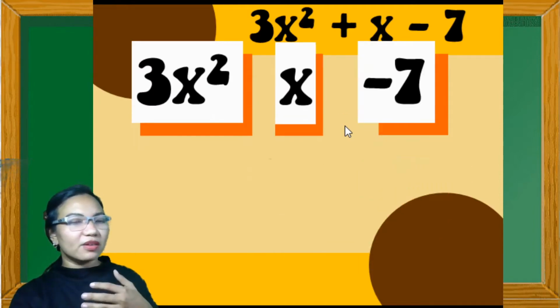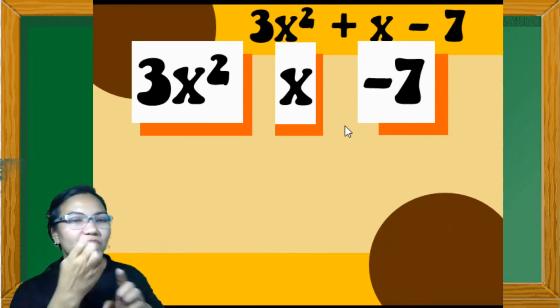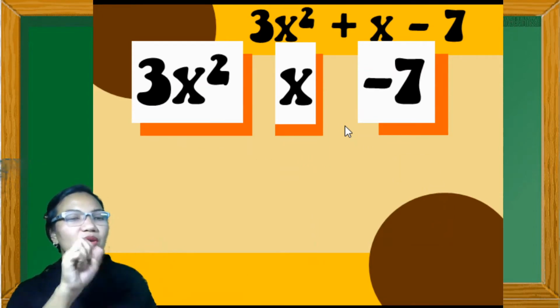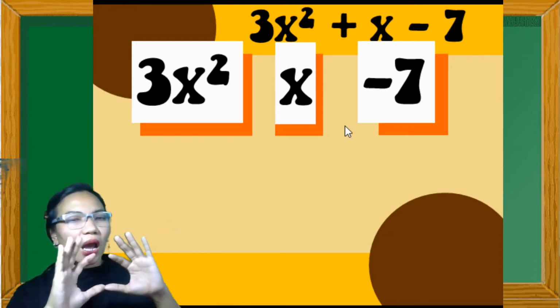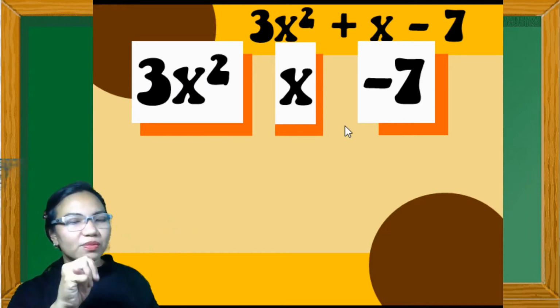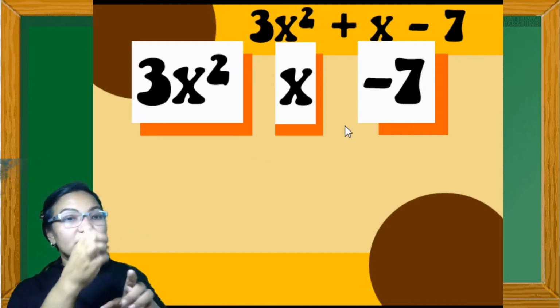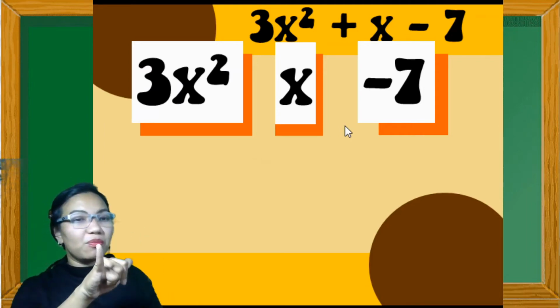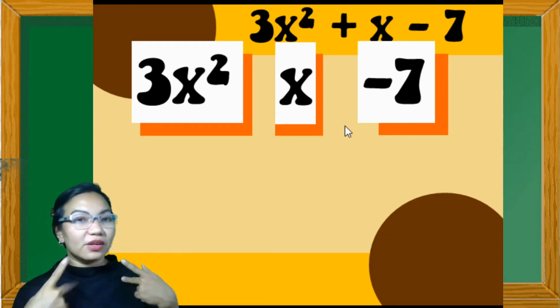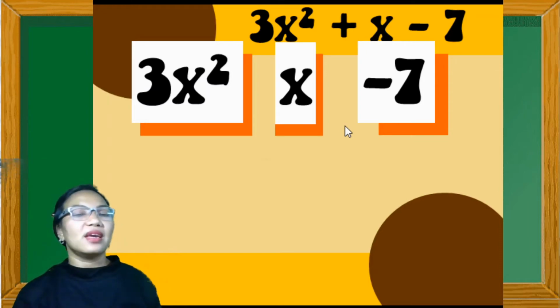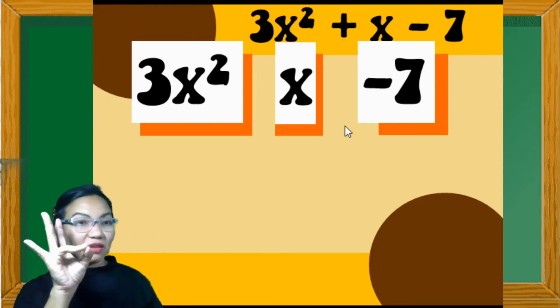So going back to our separation of each term so that you can see clearly how terms are involved in any polynomial. So you have 3x squared, you have there, as you can see, x, and you have negative 7.